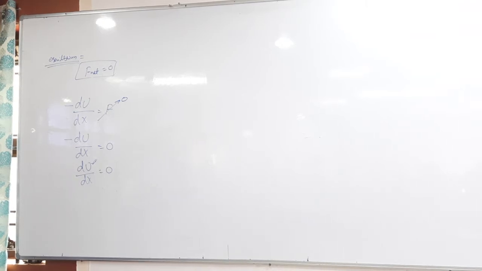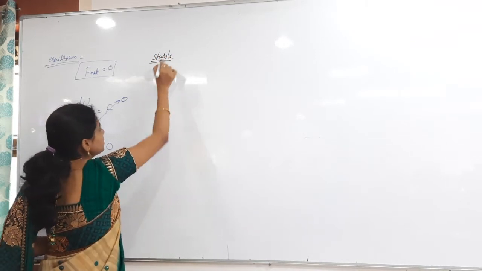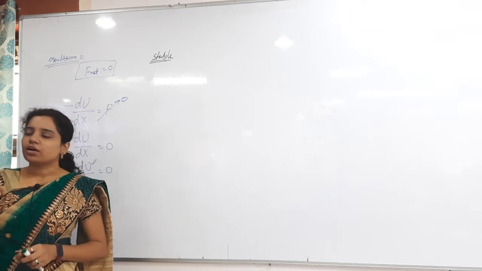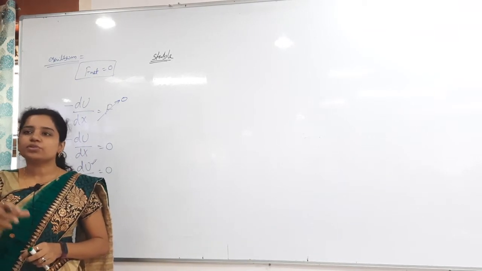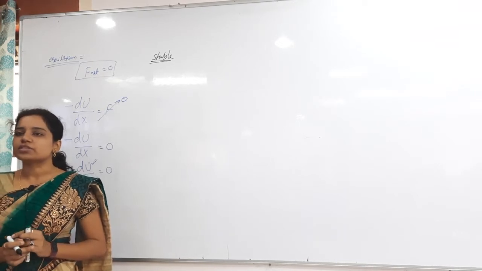Next, first of all, stable equilibrium. See, whether I say stable equilibrium, unstable equilibrium or neutral equilibrium, in all the cases F net is equal to how much? 0.